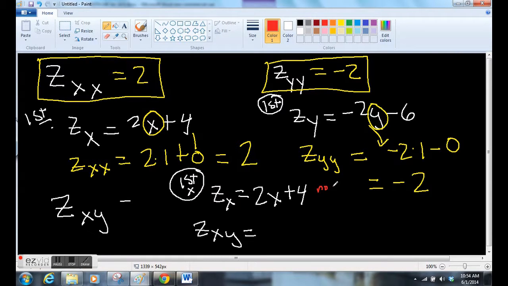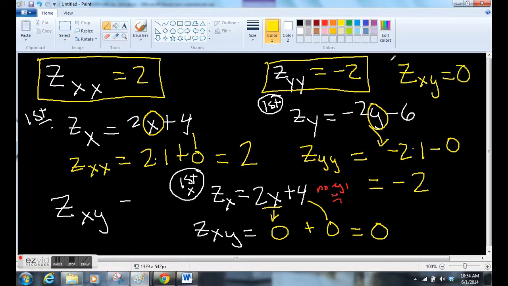Oh no, what happens now? So I would circle the y, but there's no y to circle. So we say, well, all right, 2x, that's fine. We don't have a problem with that. This is all a constant, so the derivative of that in terms of y is 0. 4 is a constant, 0. So that equals 0. So our last piece is zxy equals 0. Okay, now we're going to use that formula.